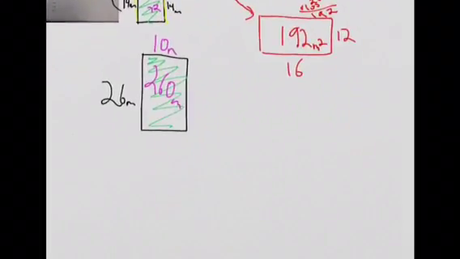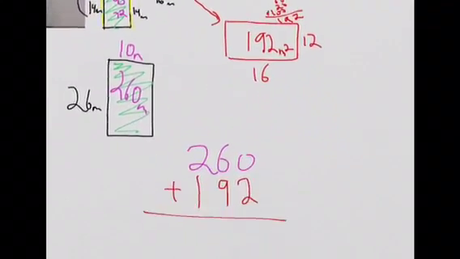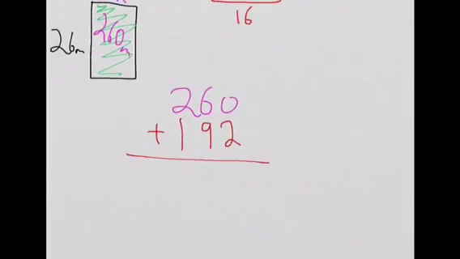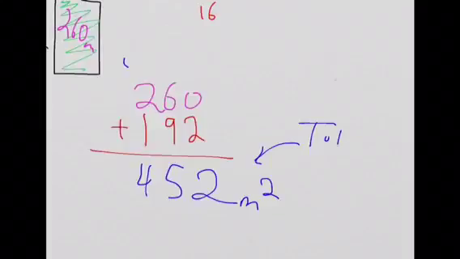I'll go ahead and add 260 plus 192, which is going to equal, 2, 9 plus 6 is 15, carry the 1, 452 meters squared. Total composite area.